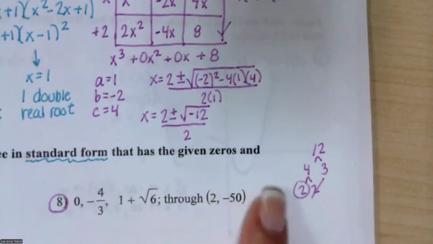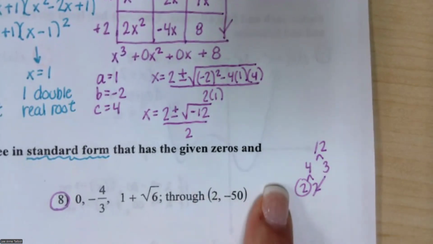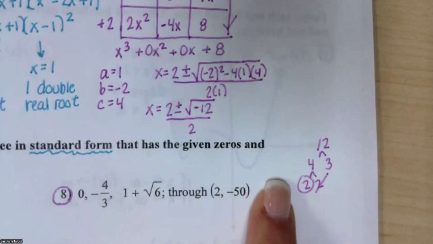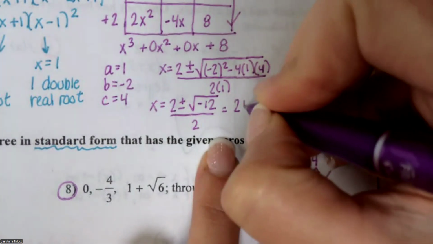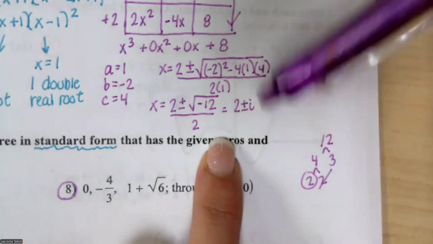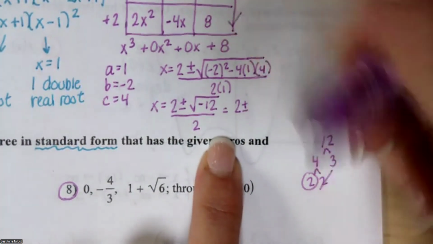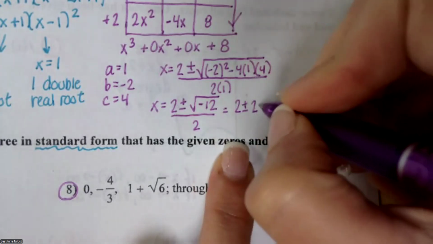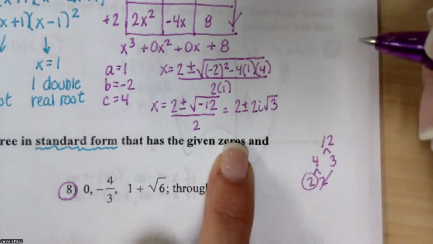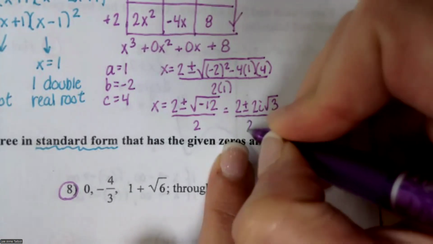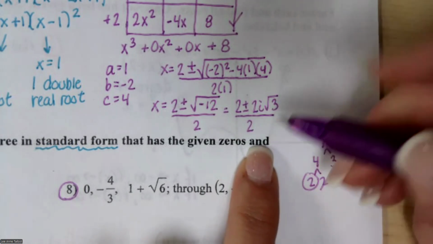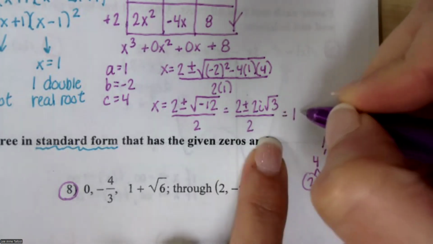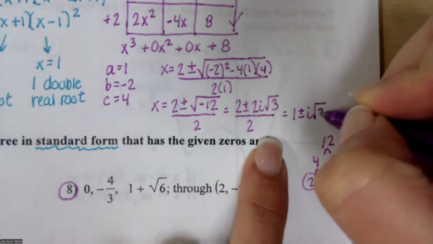I did my little factor tree down here for the 12. Circle 2 comes outside with the I. 3 stays in. And then reduce. So this becomes 1 plus or minus I root 3.